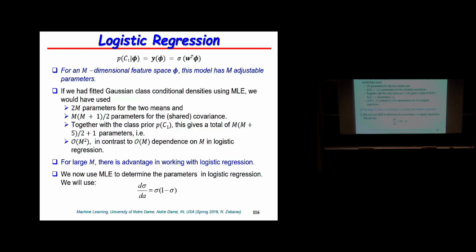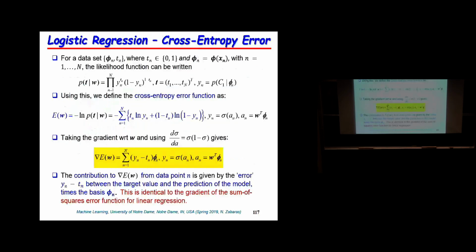And it's worth doing it because the same problems appear in many other settings. So let me first postulate what the likelihood will look like. Given the parameters W, and given n data points, which you see here, these are the inputs, and for each input I have the labels that they are either class 0 or class 1.